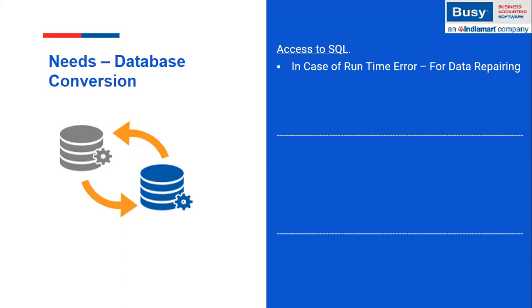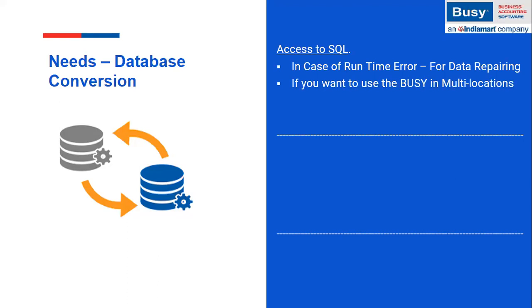Then how can you repair the data? In this case, you can convert the data from Access to SQL, and convert again from SQL to Access. So your database files will be refreshed and the runtime error will not come. So you can repair the data through Access to SQL or SQL to Access.